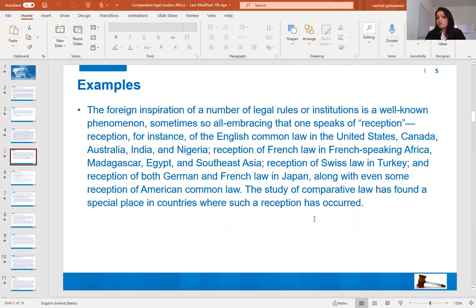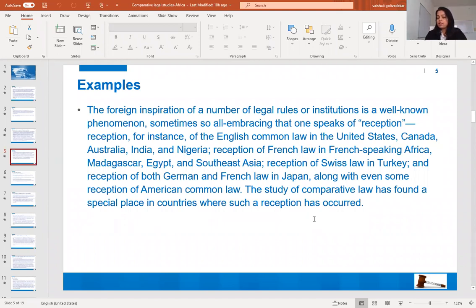Reception of Swiss law in Turkey, and reception of both German and French law in Japan, along with even some reception of American common law. So in Japan, German and French law is still compared along with US law. So the study of comparative law has found a special place in countries where such a reception has occurred. See, comparative law is so common, right?